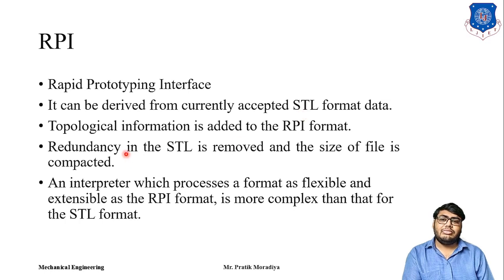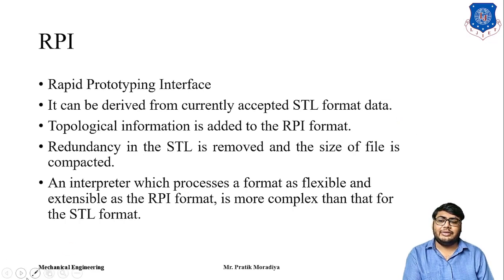So what we can do is, in an STL file we know that there will be redundancy due to the same point, the same vertex, represented again and again. So in RPI, instead of mentioning the same vertices, all the 3 dimensions of vertices, we can give a name to each vertex, and we can say that each triangle will have these vertices.